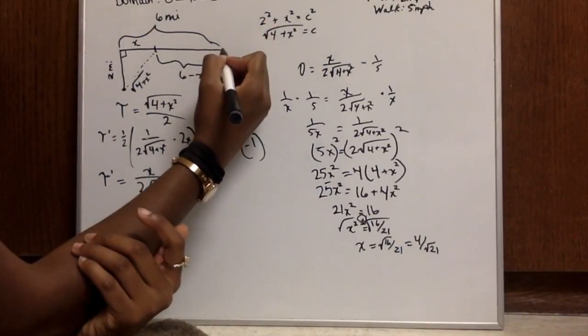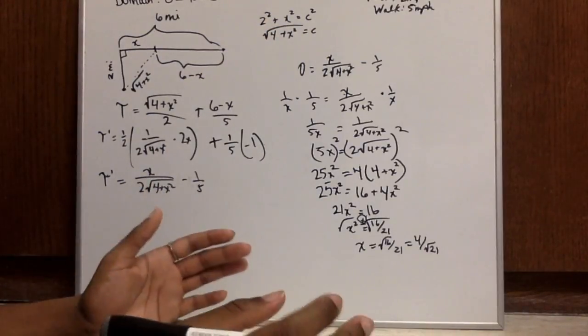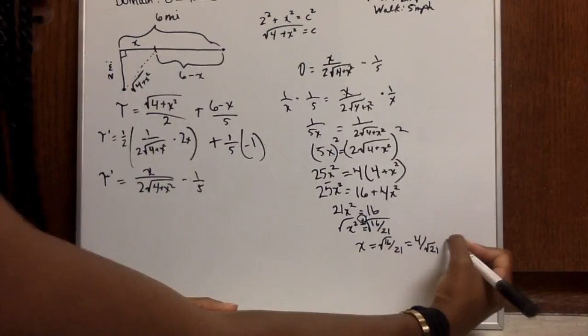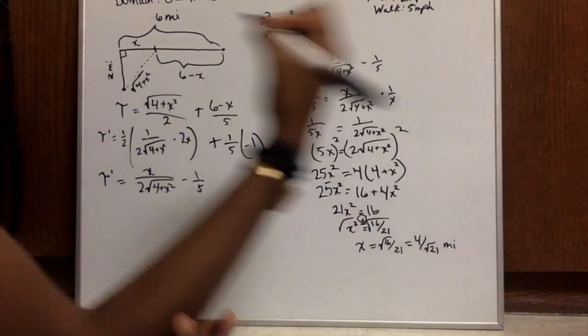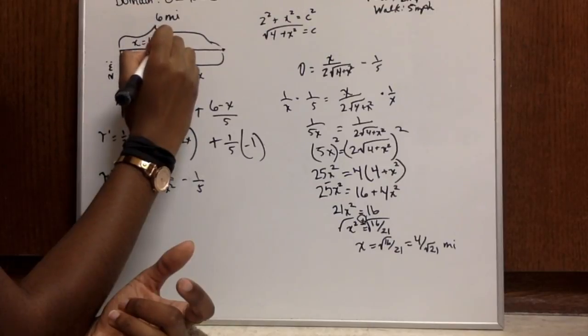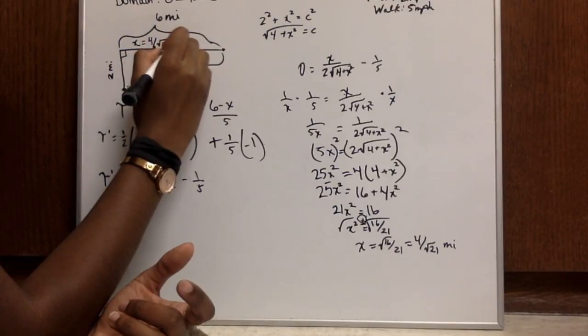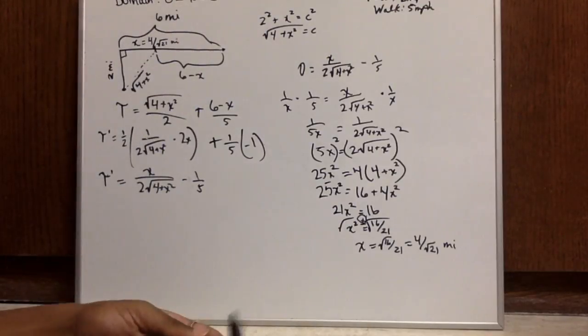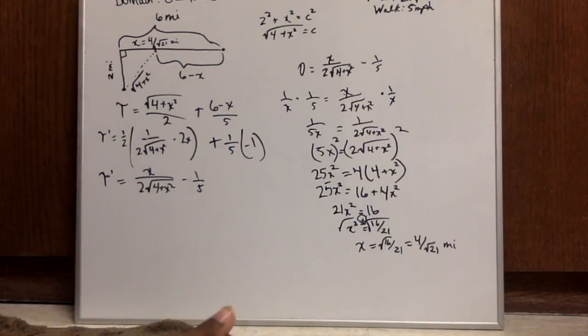And we said that she should land her boat in order to take the least amount of time at 4 over radical 21 miles. So here x is equal to 4 over radical 21 miles. And that is where Jane should land her boat in order to reach the village in the least amount of time.